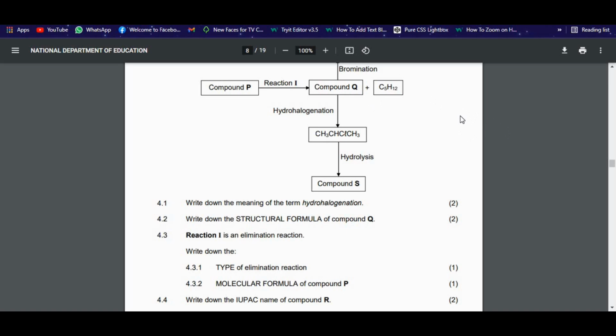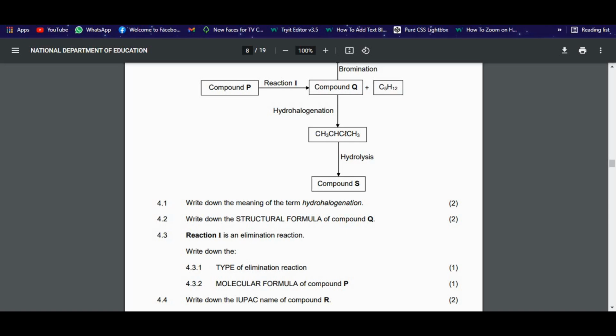That should also help you to realize, okay, cool, well, the compound Q we already realized had 3 carbons, therefore compound P had to have 8 carbons, and then just add the hydrogens back.